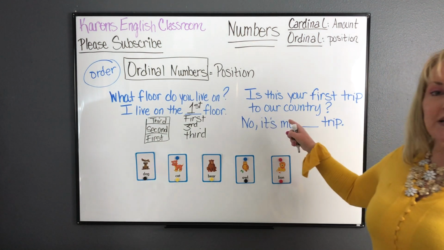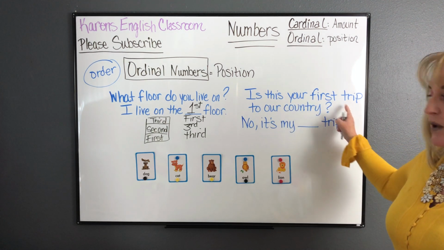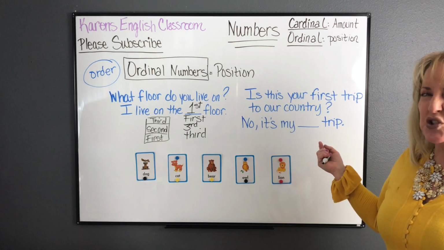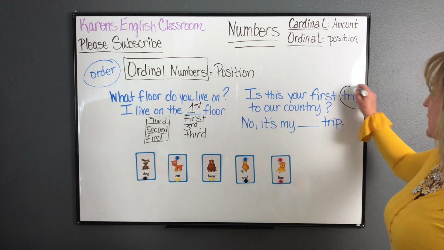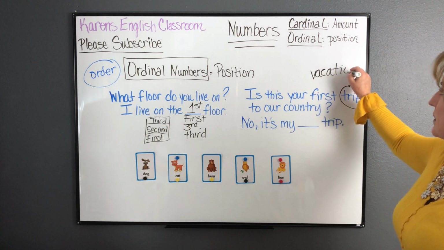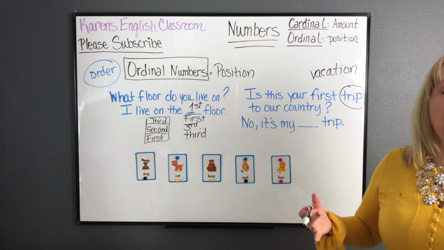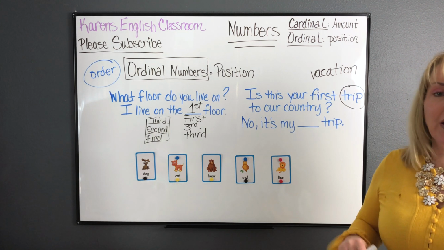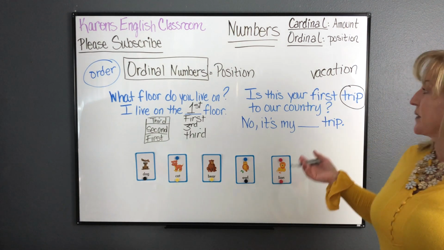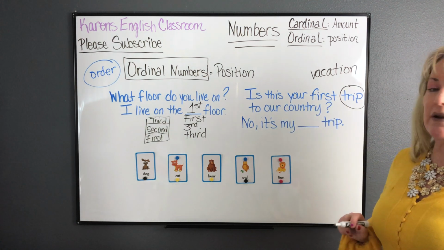All right, let's look at our next example. Is this your first trip to our country? And you might be thinking, what is trip? Trip is vacation. You go to Hawaii, Cancun, San Diego, Las Vegas. It's a trip, it's a vacation. So, is this your first trip to our country?